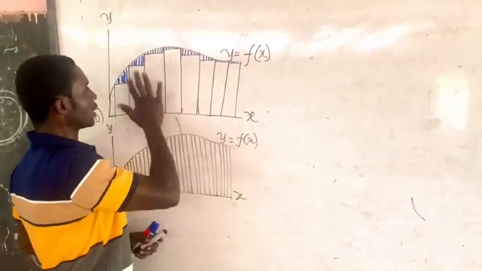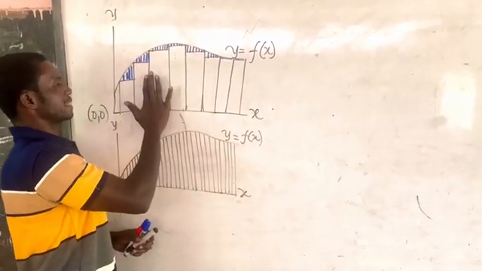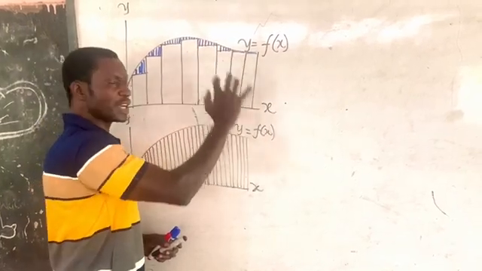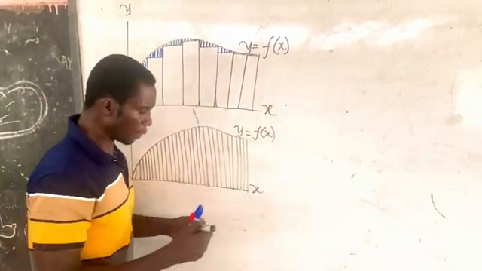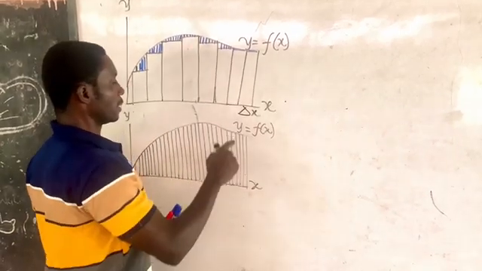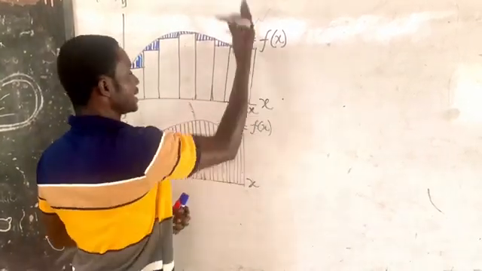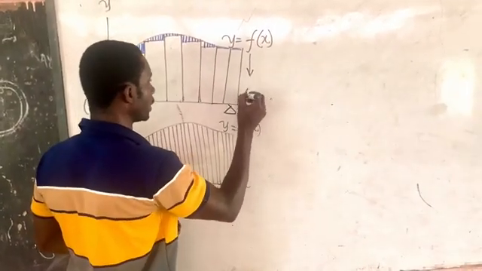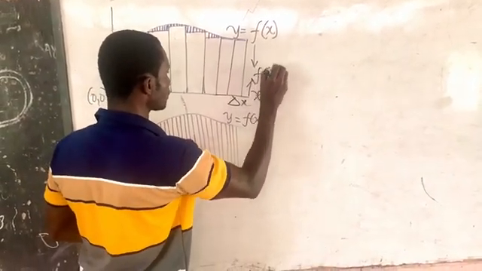Now, if you want to calculate area under a curve, you divide the area under the curve into different rectangles with the same width, and the width of the rectangle will be delta x. And the height, since it touches the curve, will be the length of the rectangle, and that will be f of x.